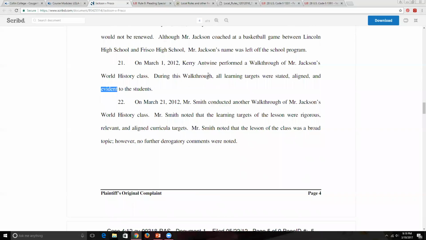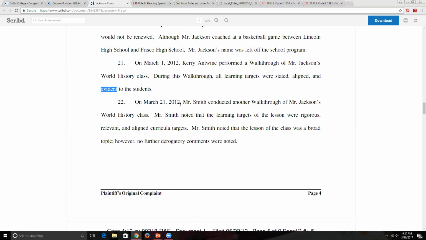We could say during this walkthrough, Mr. Jackson stated and aligned all of his learning targets, period. In addition, those learning targets were evident to the students, period. So we have a problem with too much passive voice and lack of parallelism.